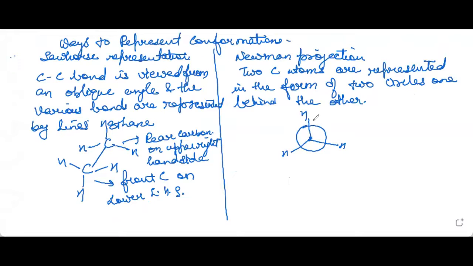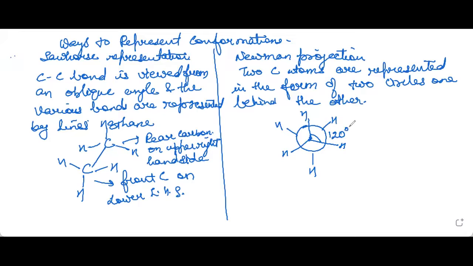And the hydrogens which are attached to the rear carbon, they will be shown from this position, that is from the circumference. The bond angle here, we already know, is 120 degree. All right. So these are the two representations of the conformations or the conformational isomers, that is the Sawhorse representation and Newman projection.